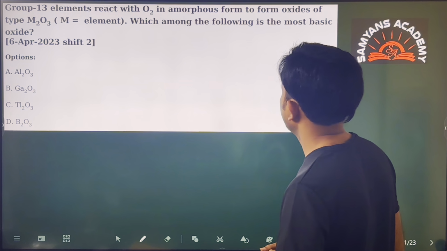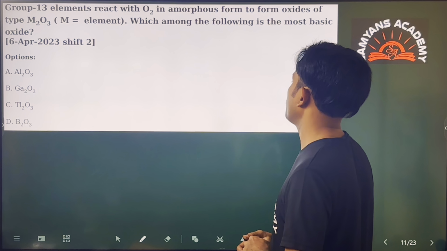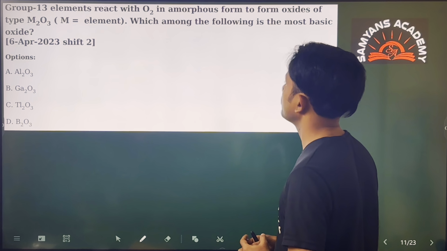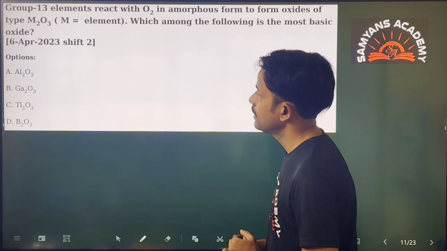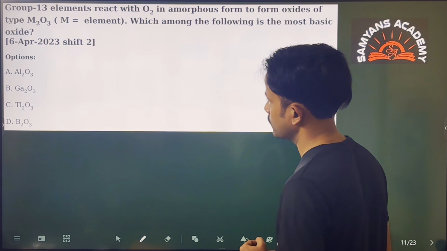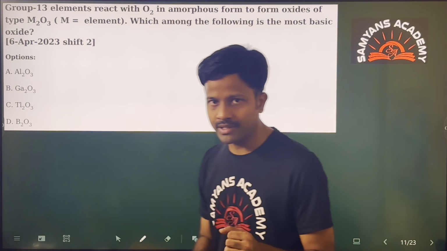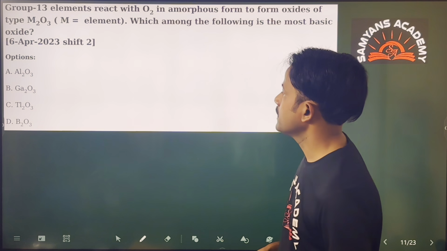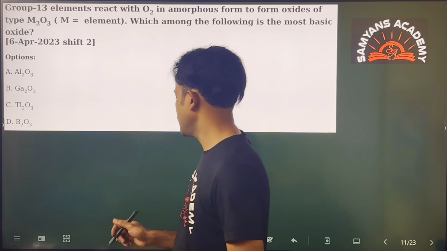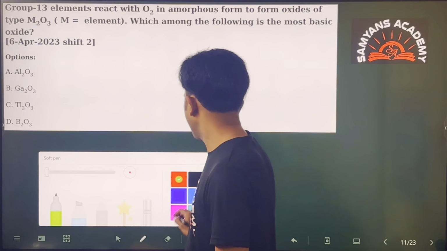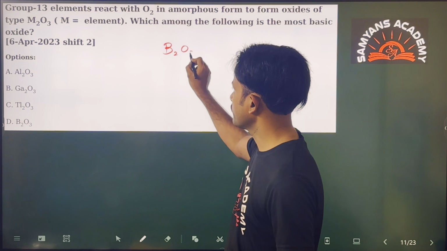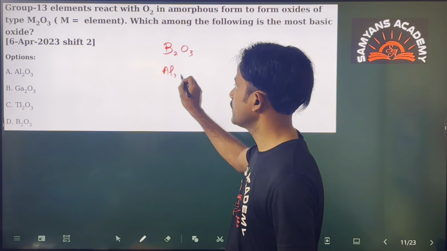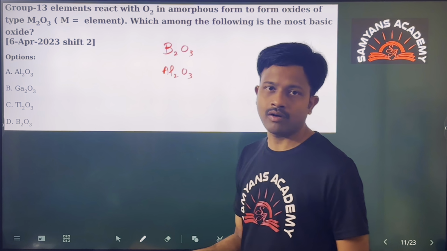Next, group 13 elements react with oxygen in amorphous form to form oxides of type M2O3. Which among the following is the most basic oxide? These are the same group elements: boron, aluminium, gallium, indium, thallium. Down the group, after boron comes aluminium. We already know that aluminium oxide is an amphoteric oxide.